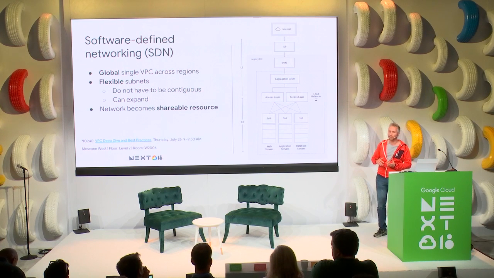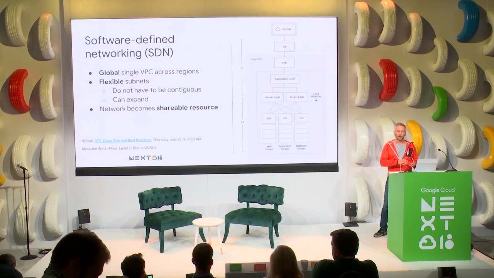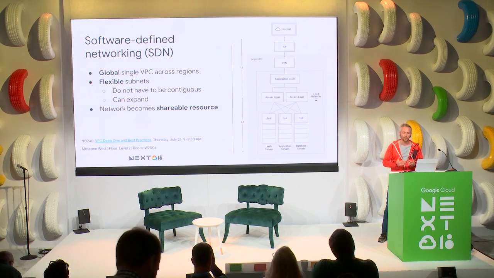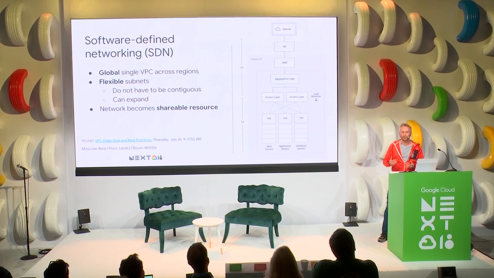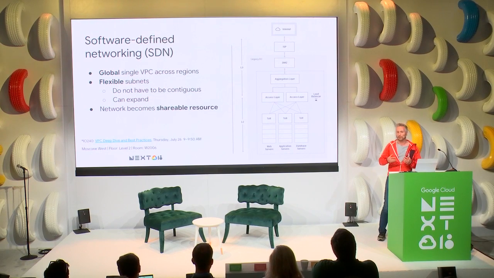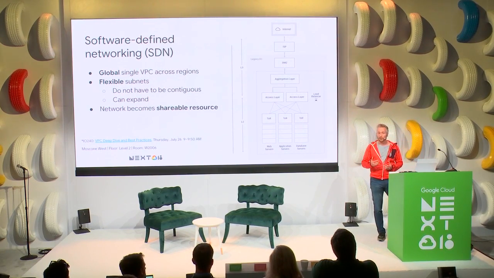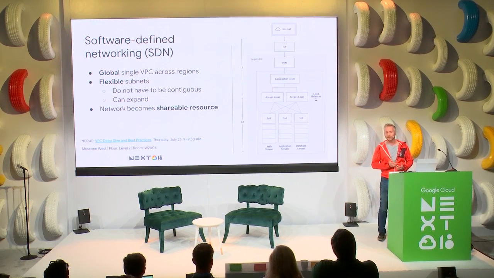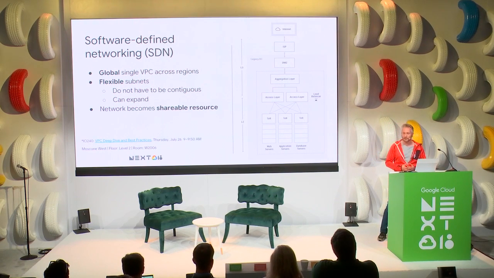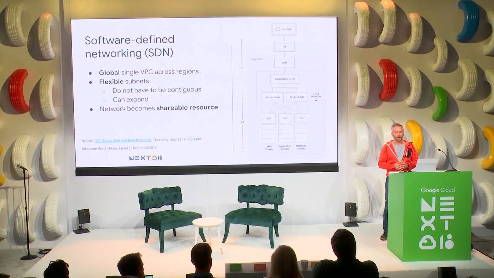Now moving on to networking. When we talk about our software-defined network and compare it to a typical on-prem deployment, our VPCs can span regions, meaning they are a global resource. Our subnets can span zones, meaning they are a regional resource. They can have non-overlapping address space and can be dynamically extended.